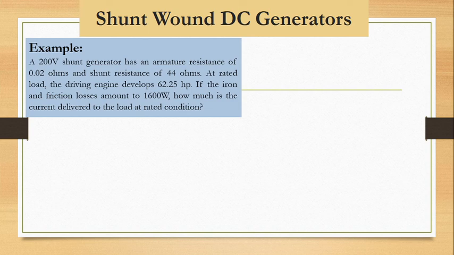At rated load, the driving engine develops 62.25 HP. If the iron and friction losses amount to 1600 watts, how much is the current delivered to the load at rated conditions? So let's examine first what is 62.25 HP.